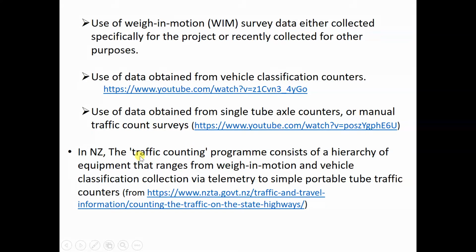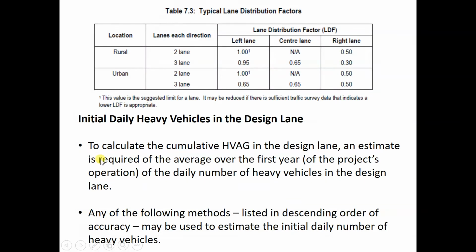In New Zealand, the traffic counting program consists of a hierarchy of equipment that ranges from weigh in motion and vehicle classification collection via telemetry to simple portable tube traffic counters. So these are the methods to count the daily traffic.